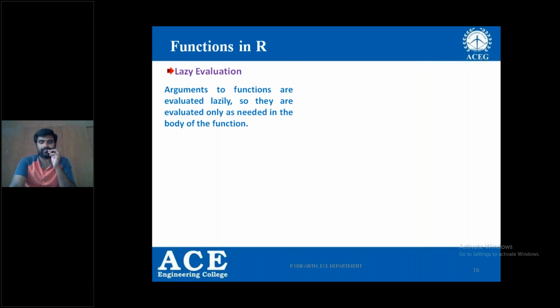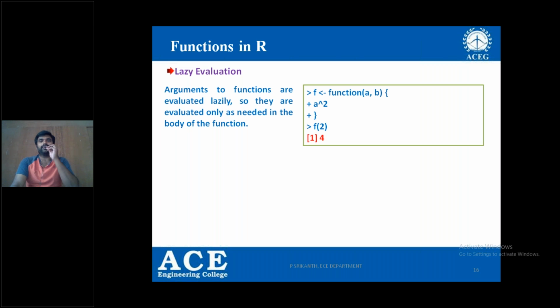That also works here. See there, function of a comma b, and the body is a square. Though I am taking two arguments, the body is utilizing only a. So here you can call f of 2. By default, it is assigned to a. That is called lazy evaluation.